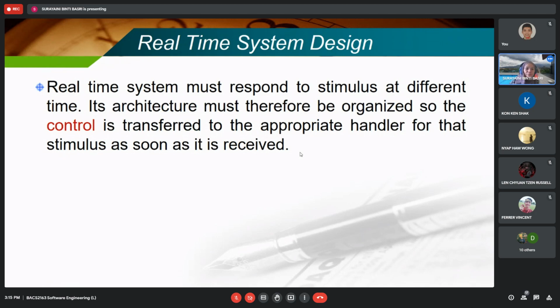So a real-time system needs its own architecture, because its architecture is organized to control the stimulus to its response. To assign the stimulus to its response, it will need an appropriate handler for it.